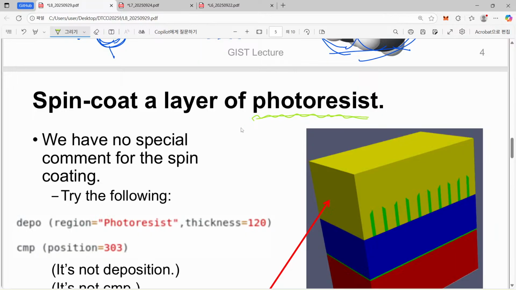Here we have introduced once again the spin coating of photoresist, and it means that when we introduce photoresist, it is directly related with another exposure. Then why do we have to do that? So selectively keep this fin pattern, and for the other part we wanted to eliminate this one.